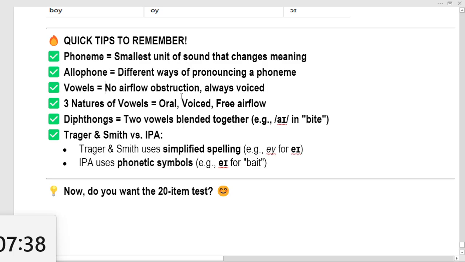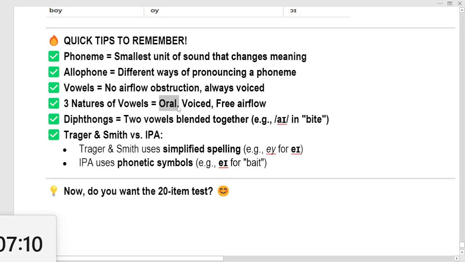Dito sa vowels, no airflow obstructions and always voiced. Ano yung voiceless? Yung P, T, S, diba? P. Ganun. 3 natures of vowels. Oral. Bakit oral? Kasi hindi nag-o-obstruct yung vowels, more on oral cavity movement.